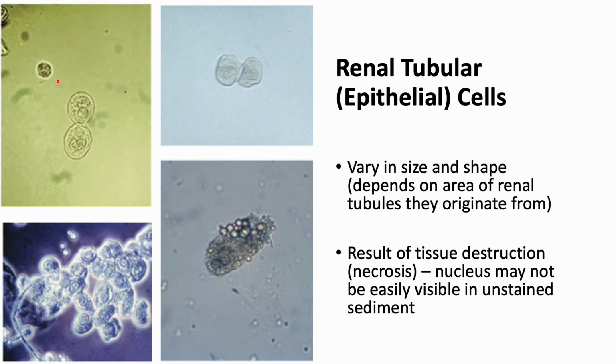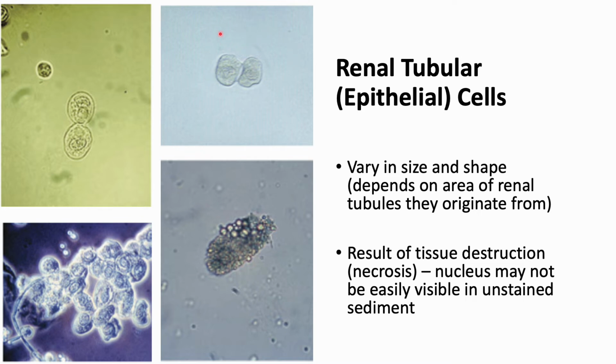When they appear ovoid, with eccentrically placed nuclei, and they somewhat are smaller, round, or ovoid, these are renal tubular epithelial cells coming from the distal convoluted tubular cells. And they can be mistaken for WBCs or small spherical urothelial cells.